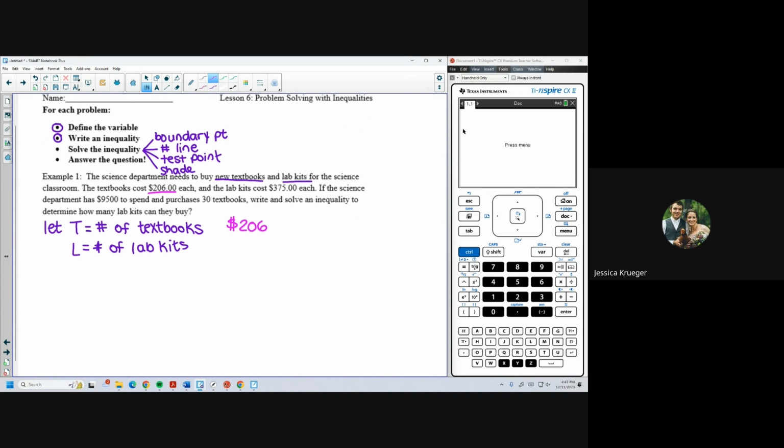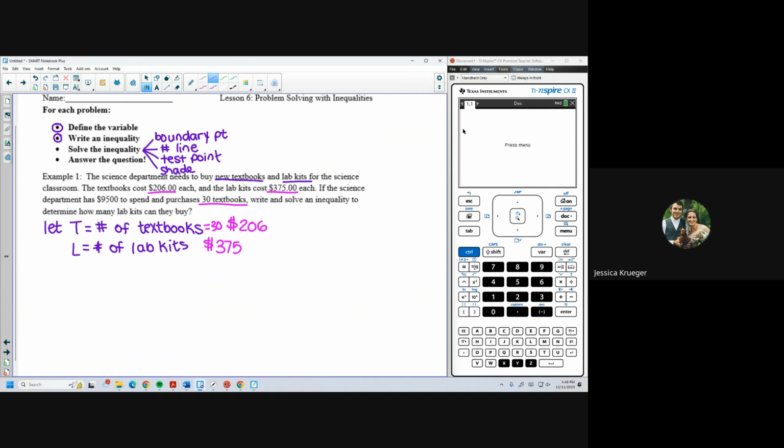They tell me the textbooks are $206, so that's going to go on the same row. And then the lab kits are $375, so I'm going to put that down next to the lab kits. They also tell me they purchased 30 textbooks. So the number of textbooks equals 30.